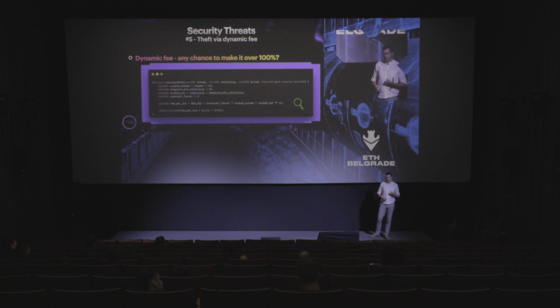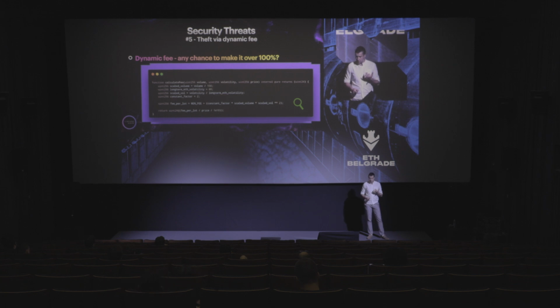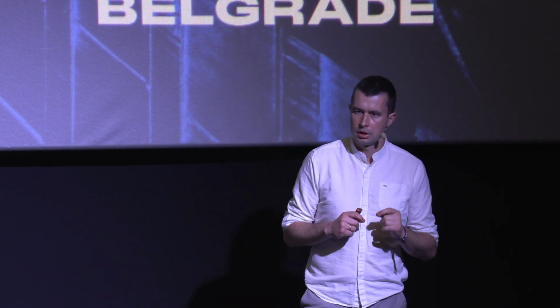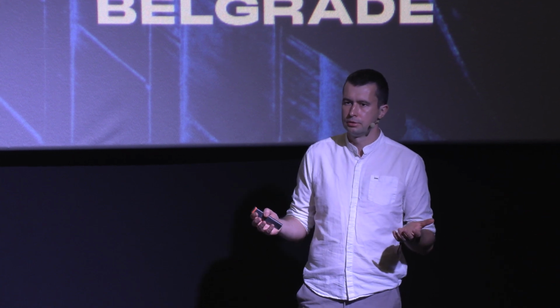But on the other side, what happens if the fee is actually more than 100%? It will simply revert. So if your calculation function can end up returning over 100%, your hook will be blocked, like it will be DOSed, okay?